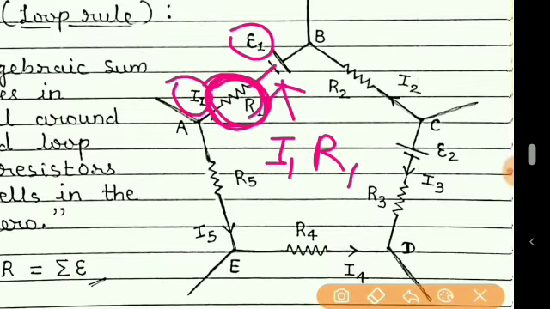So first it is the negative terminal and then it is positive. So during our motion, first the negative terminal comes and then positive. So we can say that the potential increases because from negative to positive. And as the potential increases, we write a plus sign for that. And here for I1 R1, as the potential decreases, we put a negative sign here.